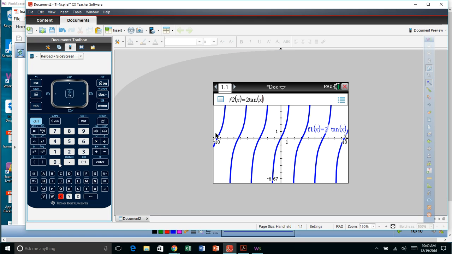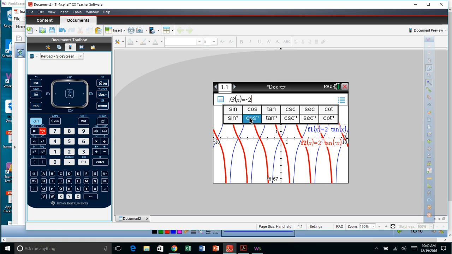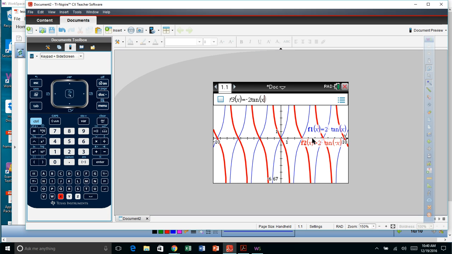So in other words, our b is 1. Let's see how that works. Aha. Well, okay, so that's 2 tangent negative x. What if we tried negative 2 tangent x? And if it lands right on top of the red, we're good to go. And it did. Okay, so that's what we're trying to show.